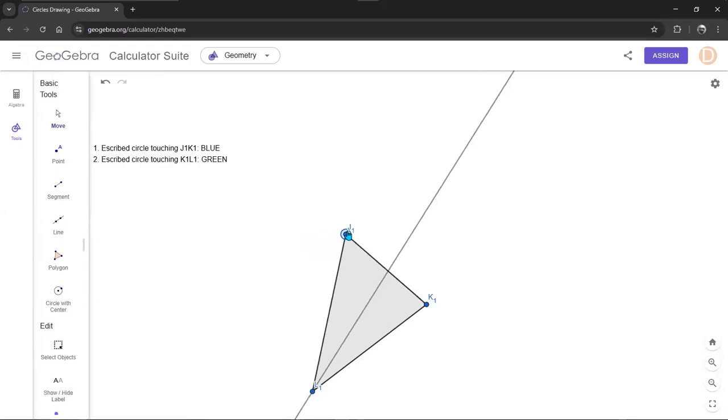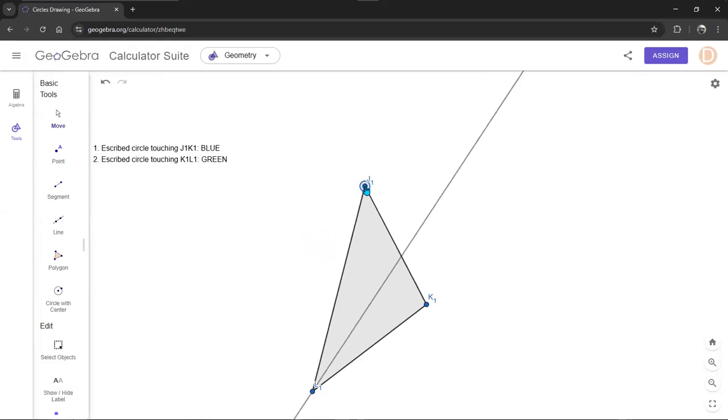Let me try to shorten all the angles just to have something that does not go so far. So since we have that one, let's extend so that we can have the exterior angles. So we need to extend L1, J1 a little bit further.